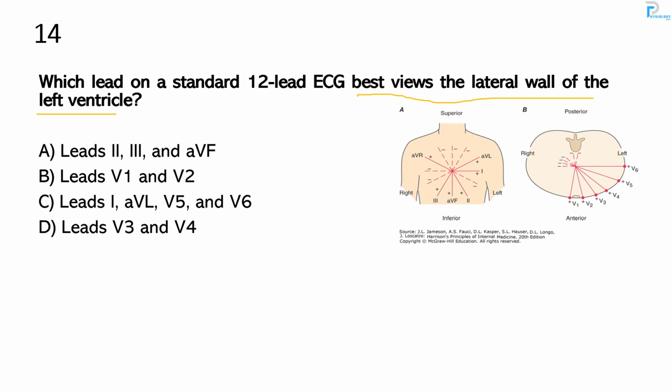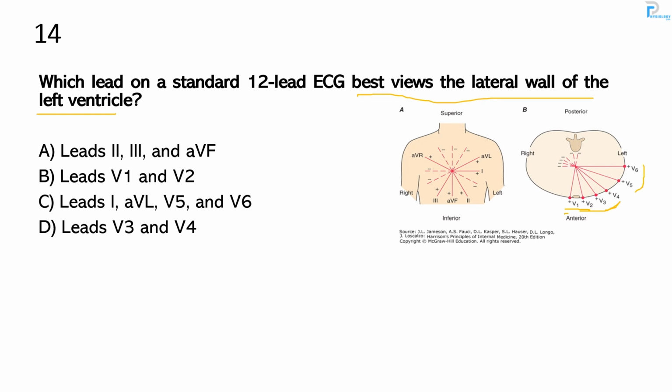The chest leads actually look at the heart on its horizontal plane, so the depth of the heart. V1, V2 look at the septum of the heart. V3, V4, anterior surface. V5, V6, lateral surface. That is from the chest.